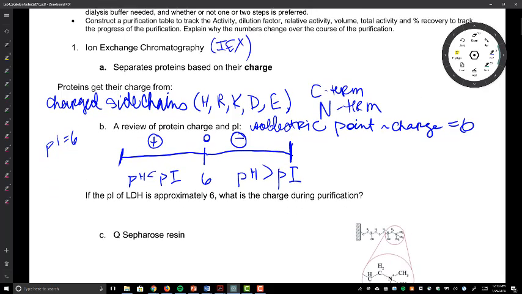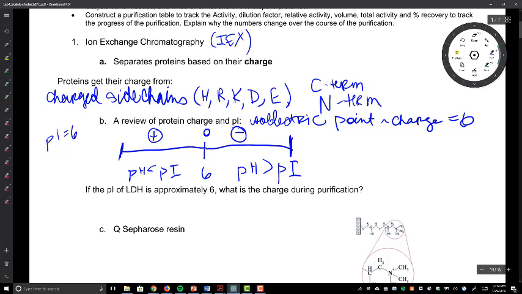So if we're working with LDH, which has a PI of 6, what is the charge during the purification? With LDH, we have a PI of 6, and throughout a purification, at different steps, our protein is going to be at a pH anywhere from 7 to 8.